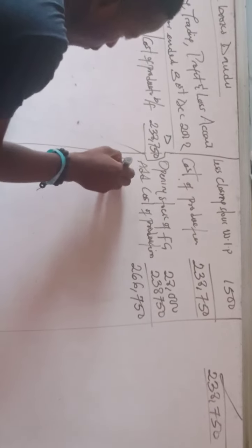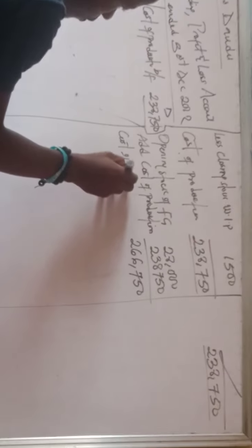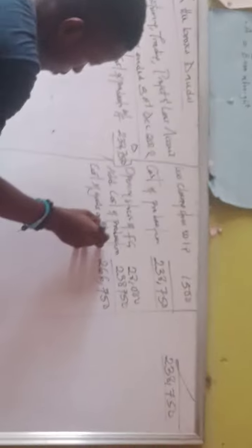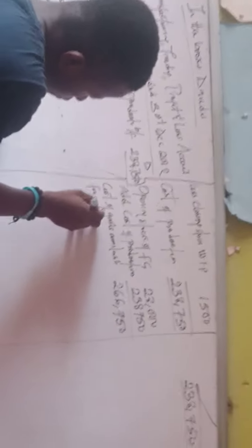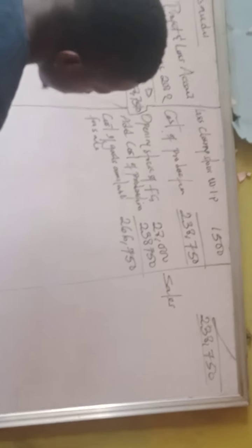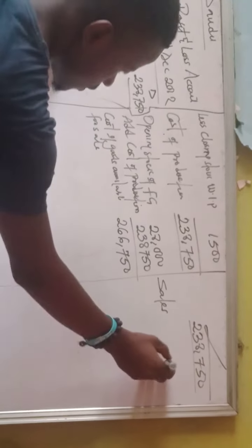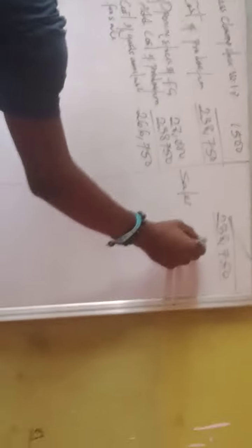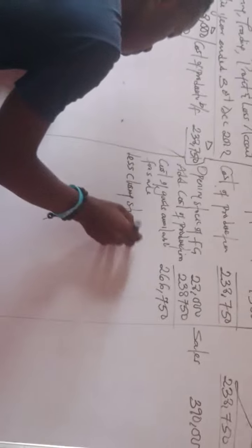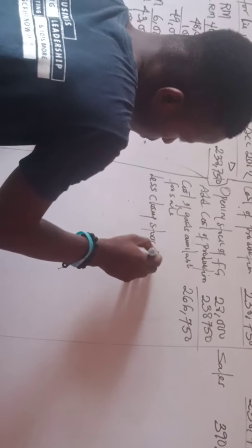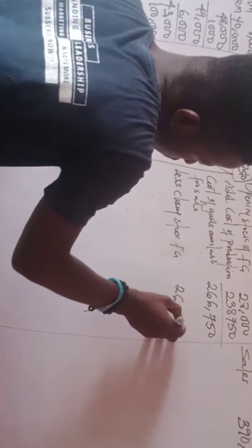Now the cost of goods available for sale. Right, so we have our sales at 390,000. Is that not? Alright, so less closing stock of finished goods, 26,000.